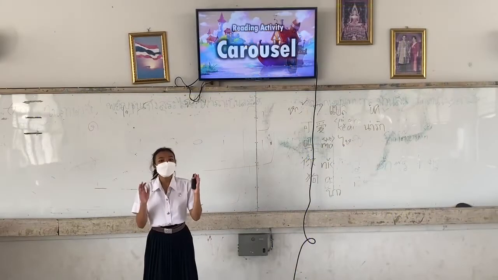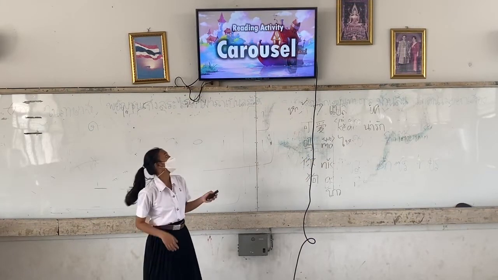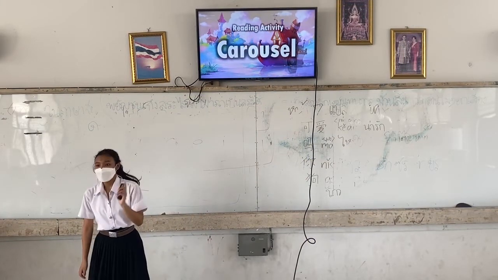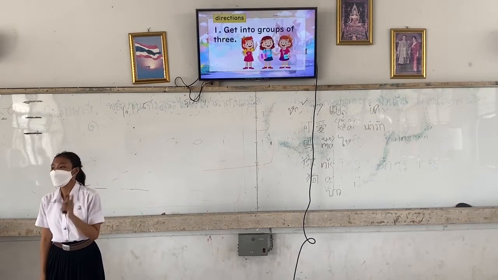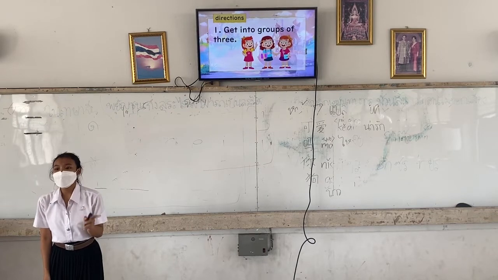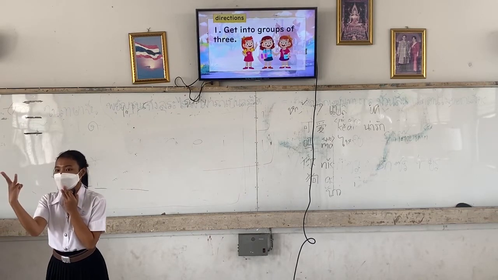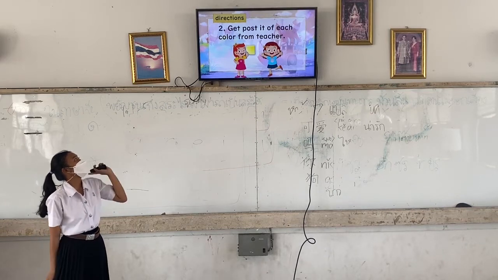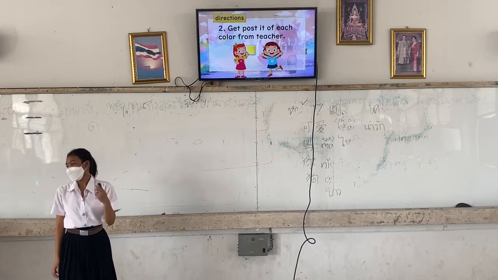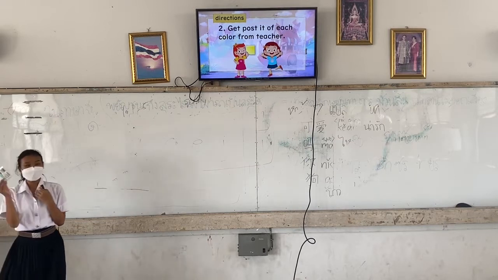Move to the reading activity. So this activity is called cursor. First, you have to get into a group of 3. How many people in your group? 3. Okay. And then you get the post-it from me. This is the post-it.